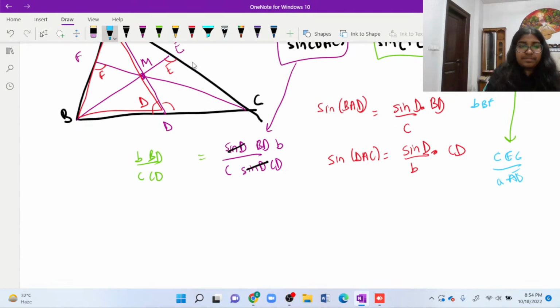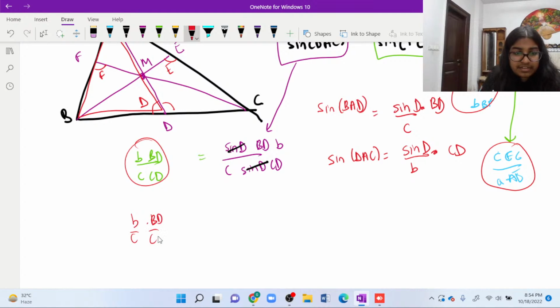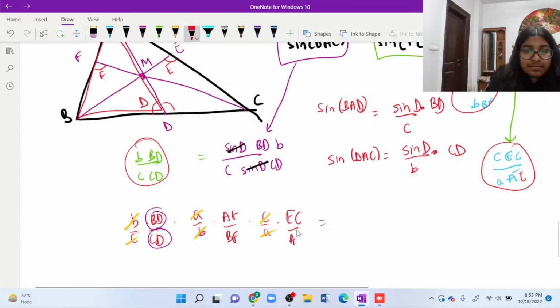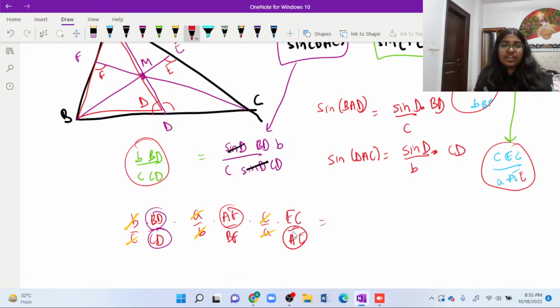Now if you multiply all these three fractions, we get B by C times BD by CD times A by B times AF by BF times C by A times CE by AE. Now first we just cancel the common terms, that's B, C and A. So we're left with BD, CD, AF, AE, BF, FC.